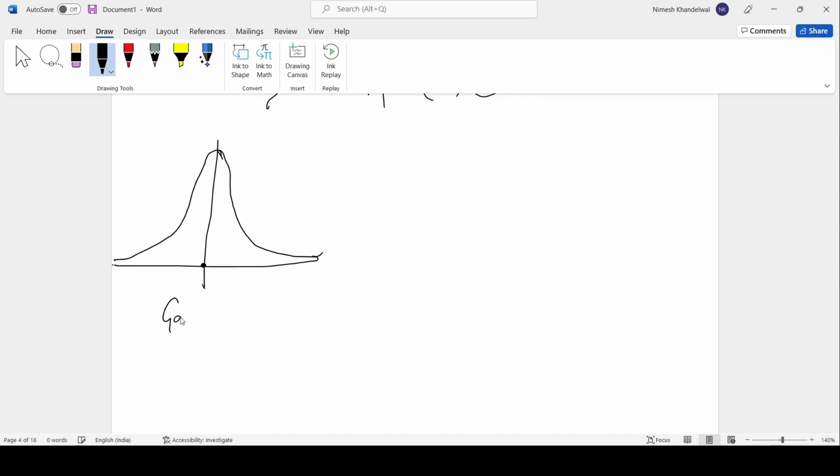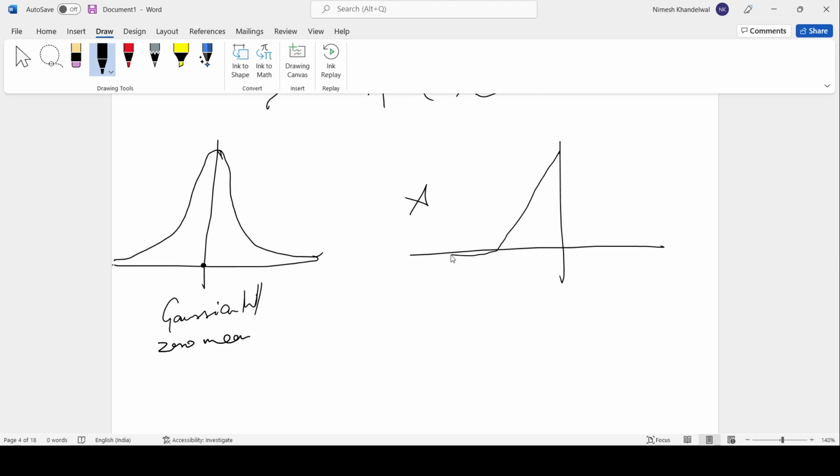This is your Gaussian with zero mean. You can also make it triangular. With the Gaussian, you can see that the probability is non-zero everywhere. It is very small, but it is never zero. For a triangular distribution, the probability is actually zero when it is out of these bounds.